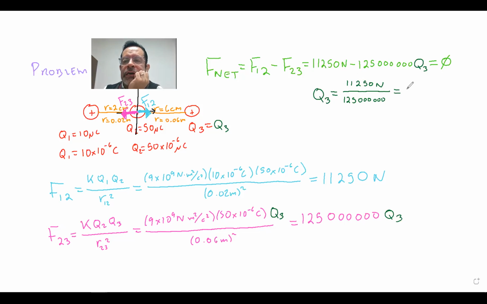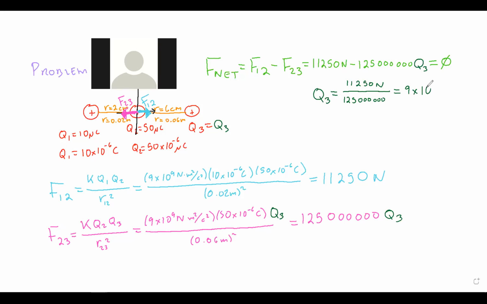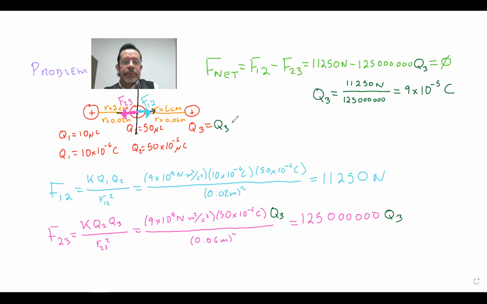Can you guys give me the value? 9 times 10 to the minus 5 coulombs. Okay, that would be the value of Q3 to have this situation of equilibrium in the system, to make the net force 0.